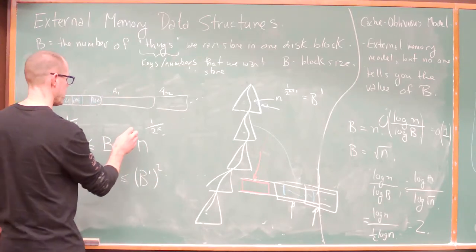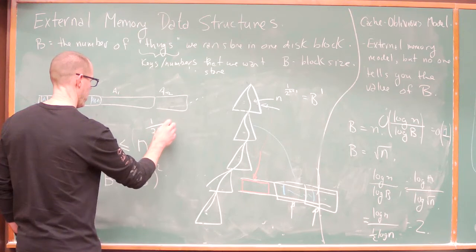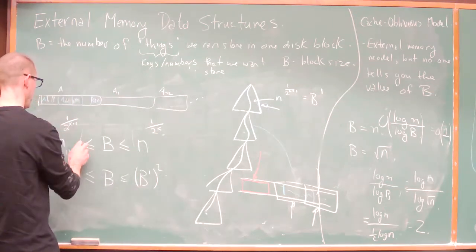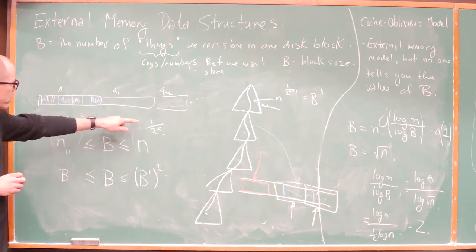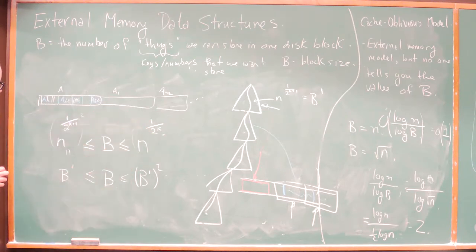If I take this and square it, that becomes n to the 2 over 2 to the k plus 1, which is just n to the 1 over 2 to the k.